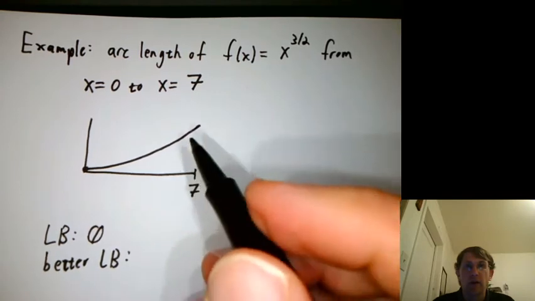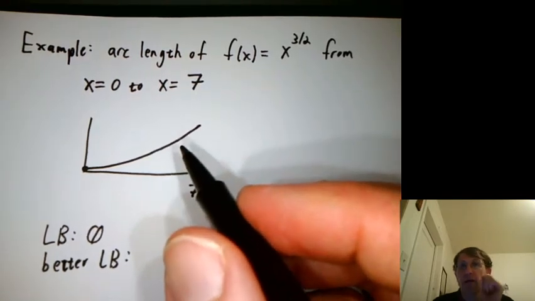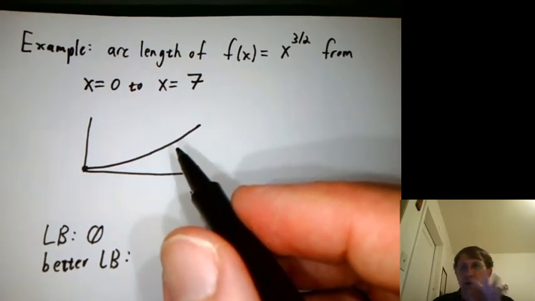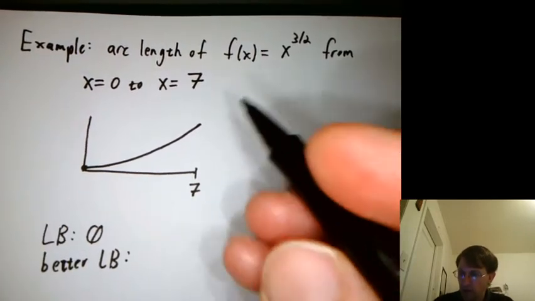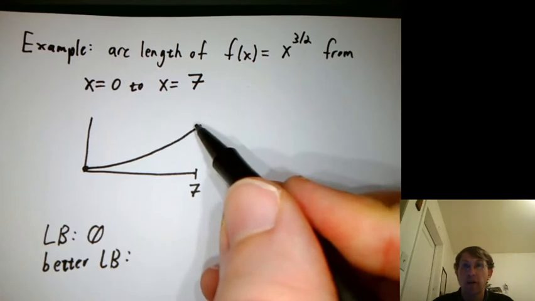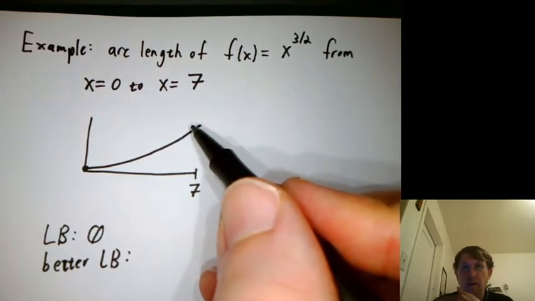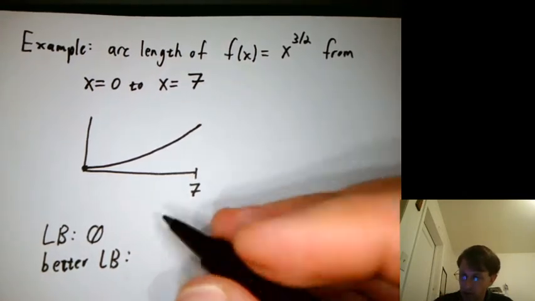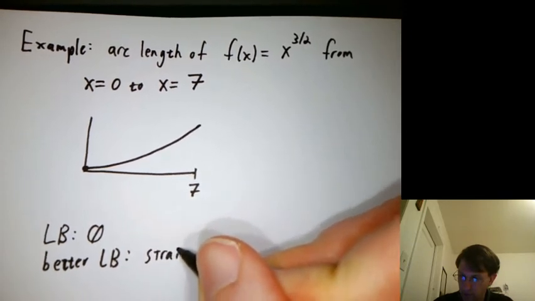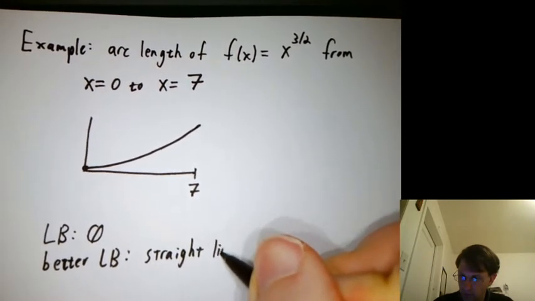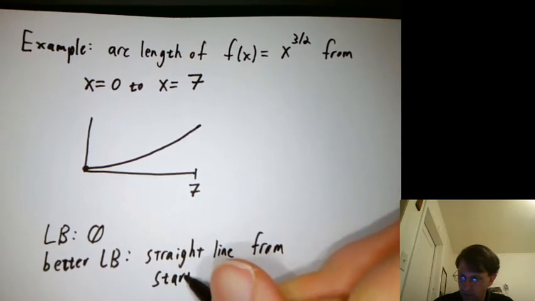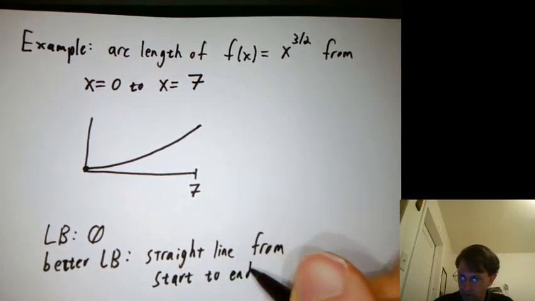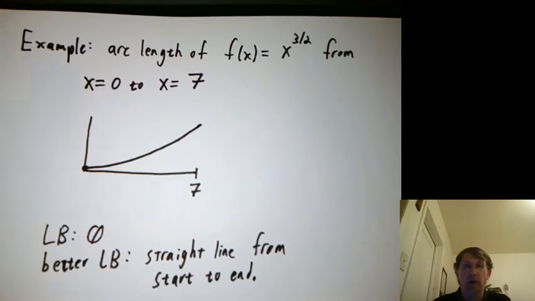Can you think of a way to get a better lower bound on the arc length directly without having to think about all that integral stuff? You could say, draw a straight line from the start to the end. A straight line is the shortest distance between 2 points, right? So that's not a bad idea.